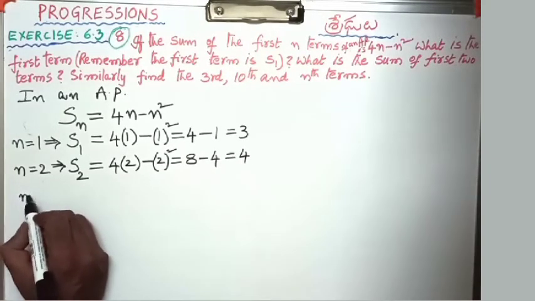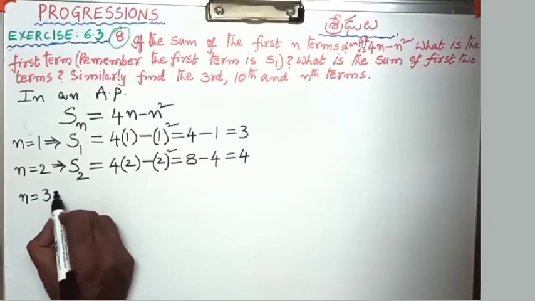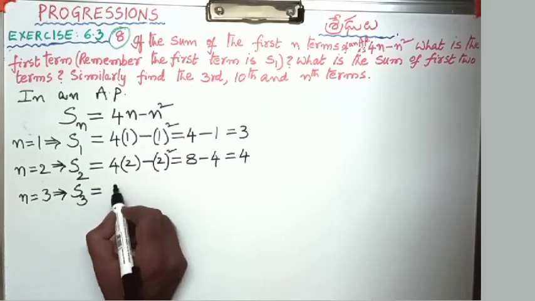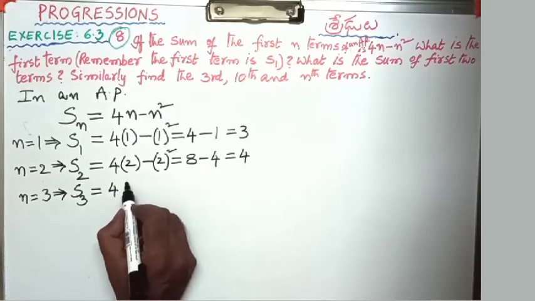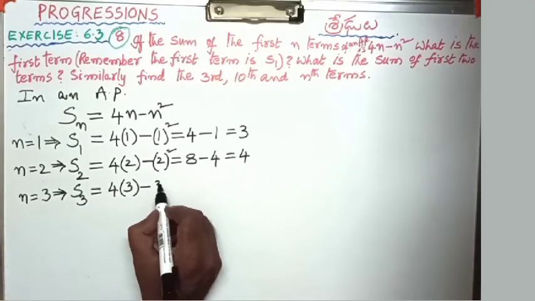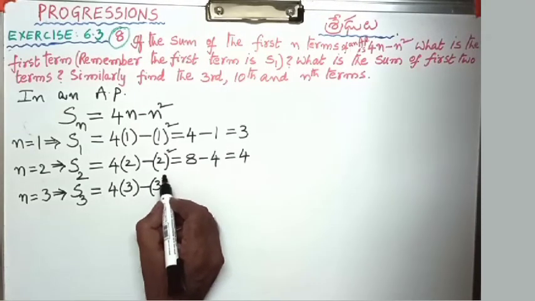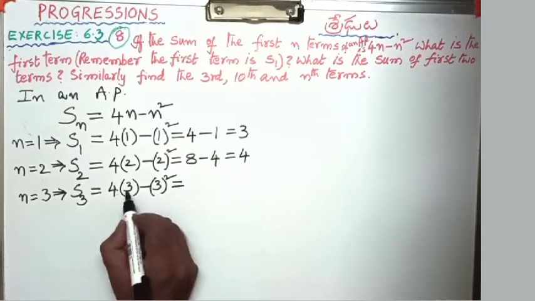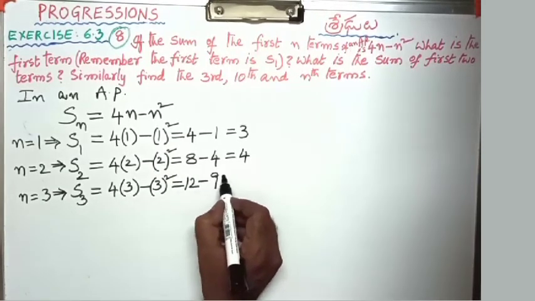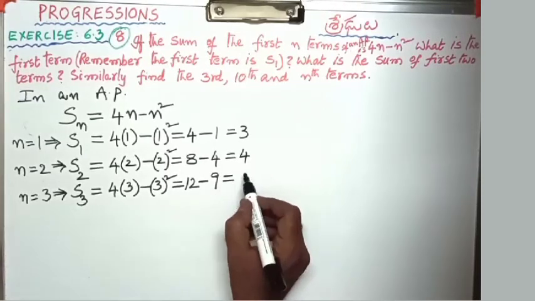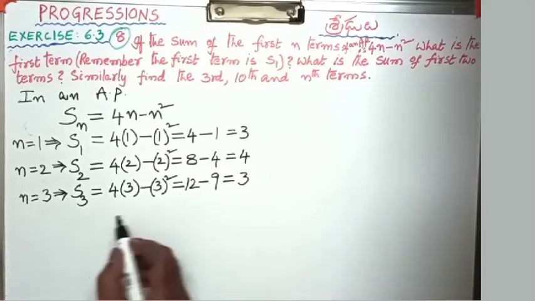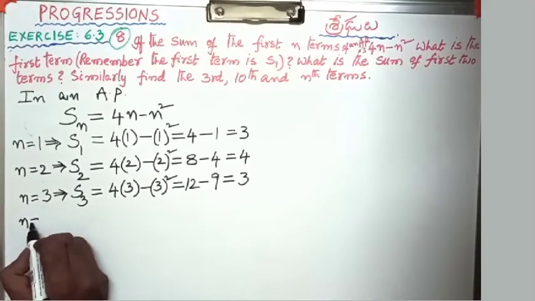And next, substitute n is equal to 3. So S3 is equal to 4 into 3 minus 3 square. That equals 4 threes are 12, 3 square means 9. 12 minus 9 is 3. And next, n is equal to 4.